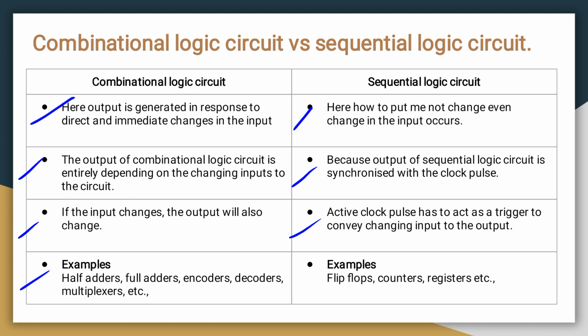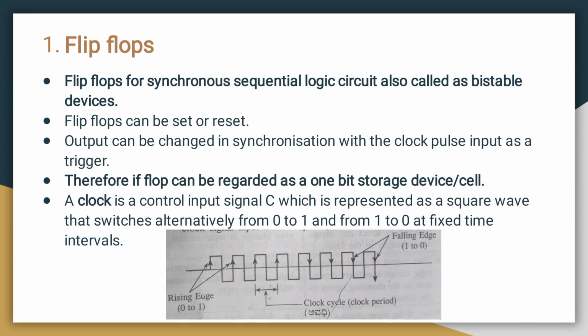Combinational logic circuits: half adder, full adder, encoder, decoder, multiplexer, demultiplexer, all of which we studied in the combinational circuit. For the sequential: flip-flops, counters, registers and so on. So these are the differences between combinational and sequential logic circuits.